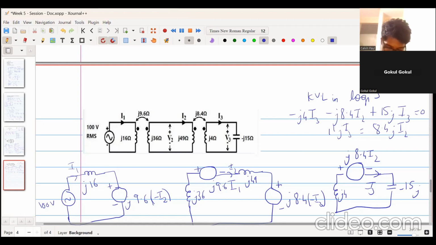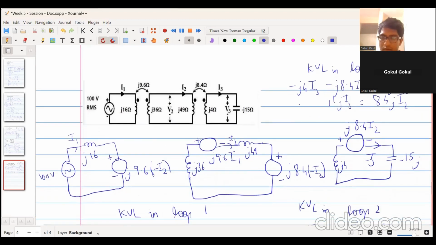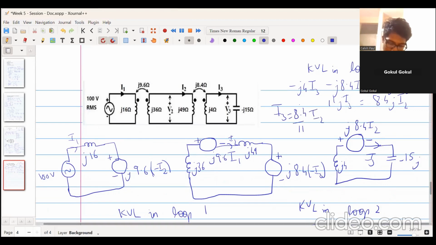No, sir. So we get I3 to be equal to 8.4 upon 11 into I2. Is this clear?